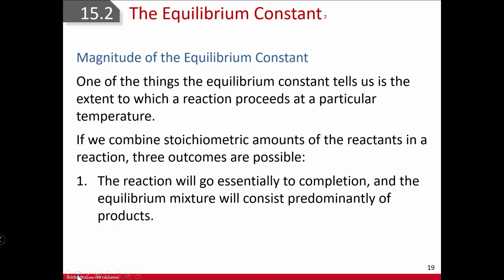All right. So let's read these rules. One of the things the equilibrium constant tells us is the extent to which the reaction proceeds at a particular temperature. So you can see equilibrium constants are temperature dependent, just like rate constants were. The reaction will go essentially to completion, and the equilibrium mixture will consist predominantly of products.